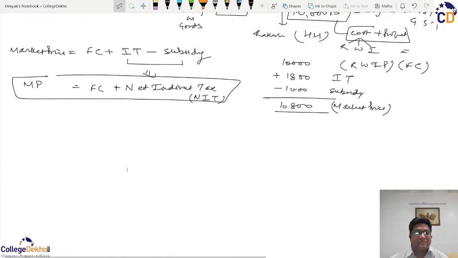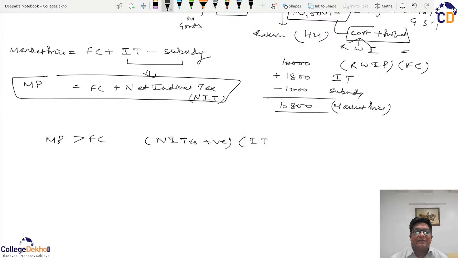So we can always say that market price will be more than factor cost if NIT is positive, that is, indirect taxes are more than subsidy.